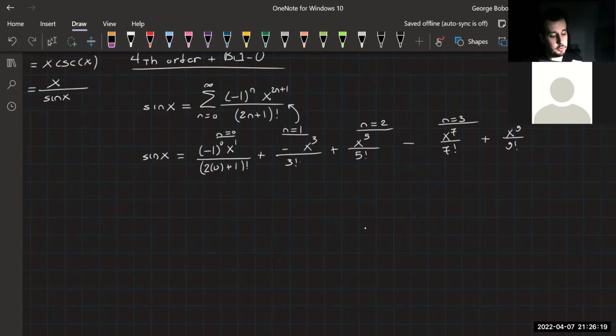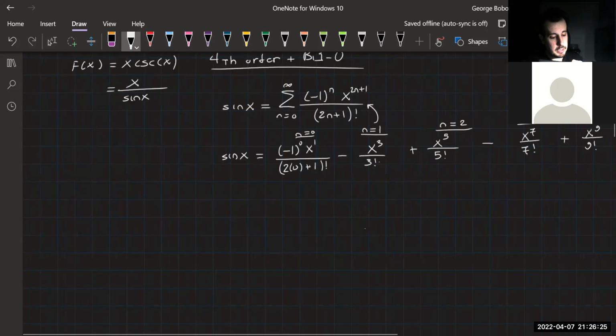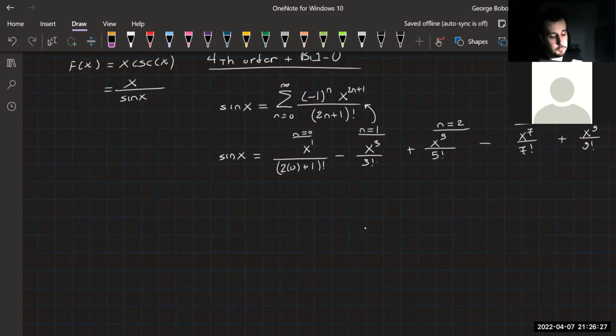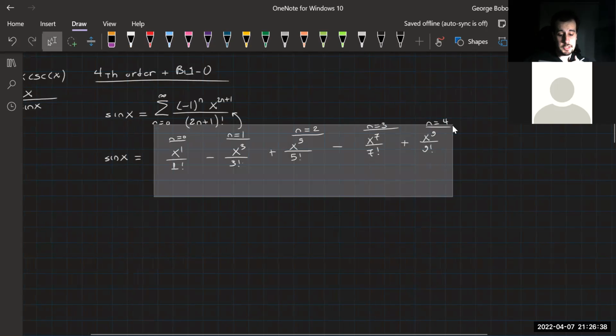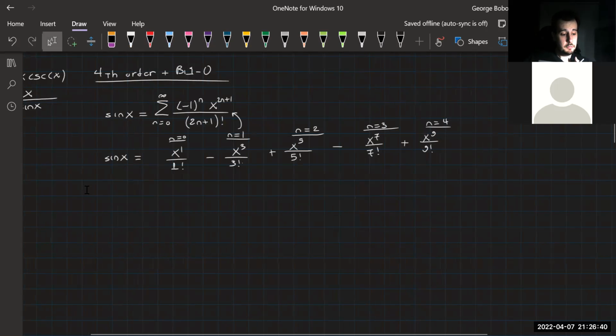Again, the -1 to the 0 is +1, so I'll write this like that, with 1 factorial on the bottom. This is it. That is the series up to 4 terms.